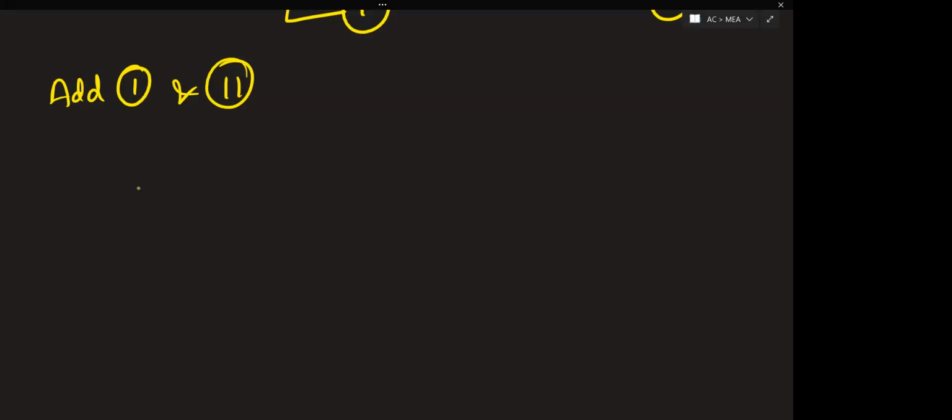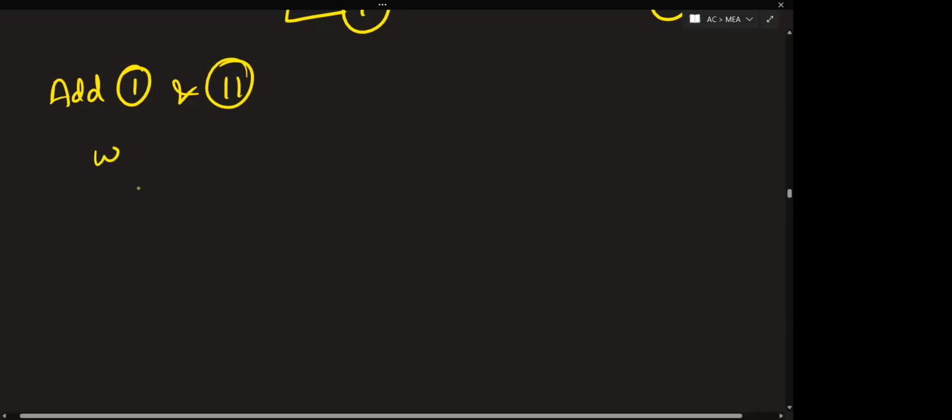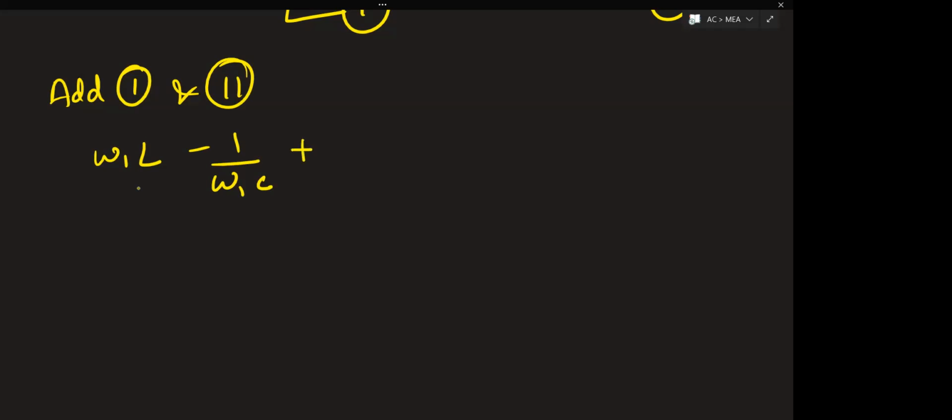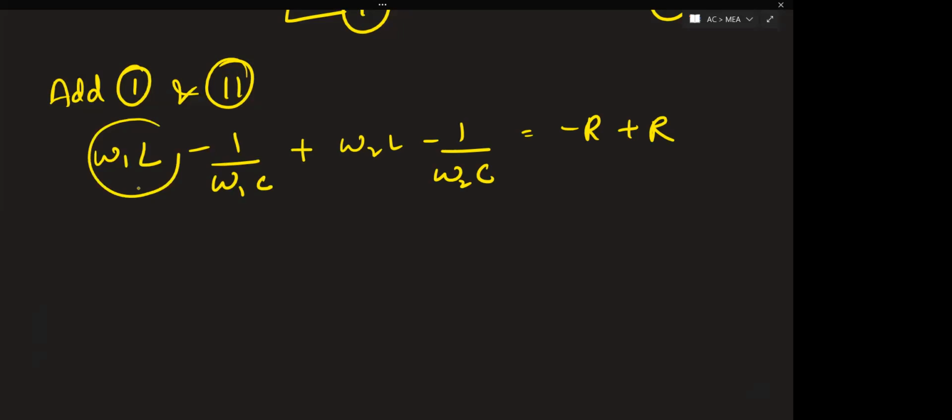If you add 1 and 2, 1 was your omega 1, so that becomes omega 1 L minus 1 by omega 1 C, plus you have omega 2 L minus 1 by omega 2 C. You've added them, and on both the sides you had minus R plus R. See, from here, if I take omega 1 plus omega 2 and L as common, we can write it like this.